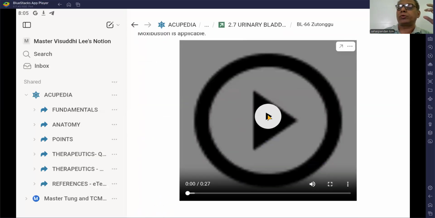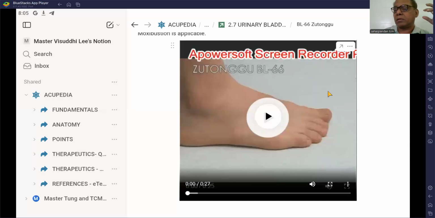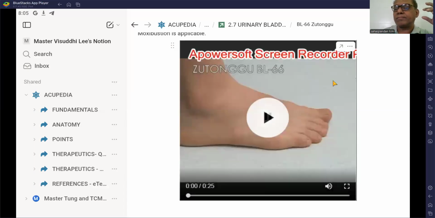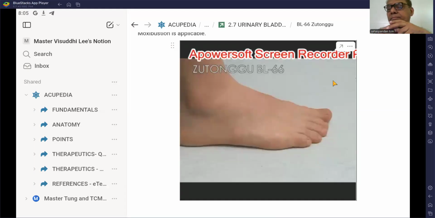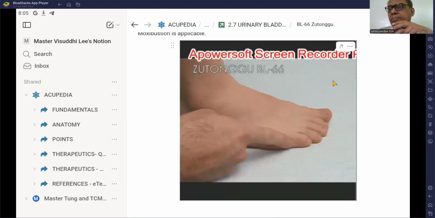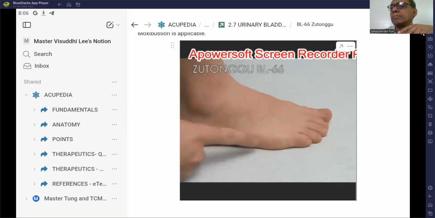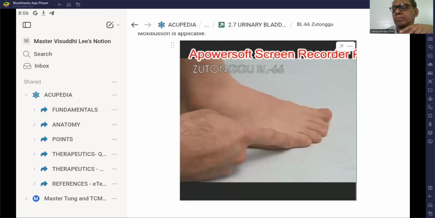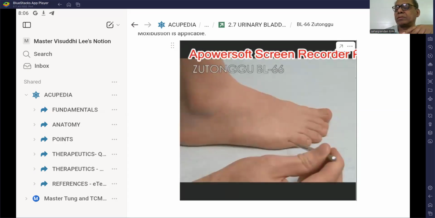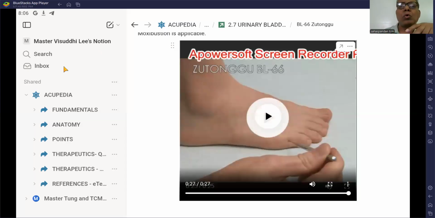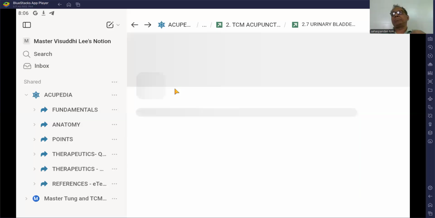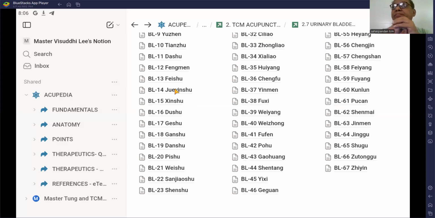I am showing you a video of how to locate this point. See how to insert the needle here. This was about the Bladder 66 location.